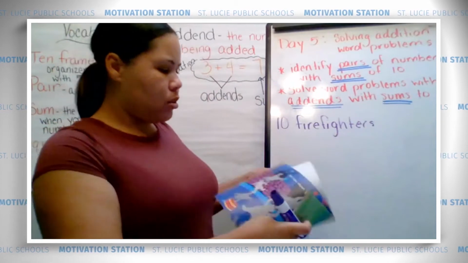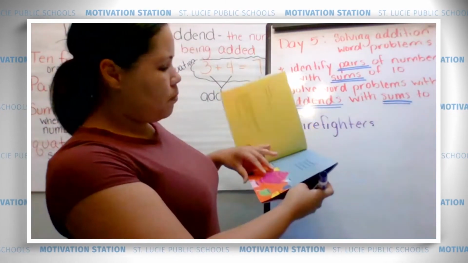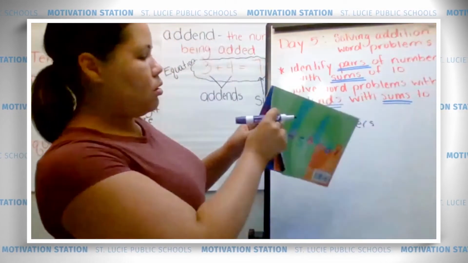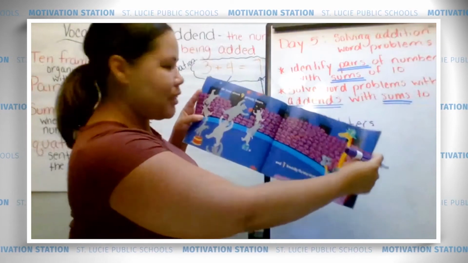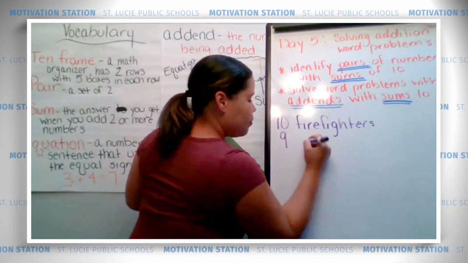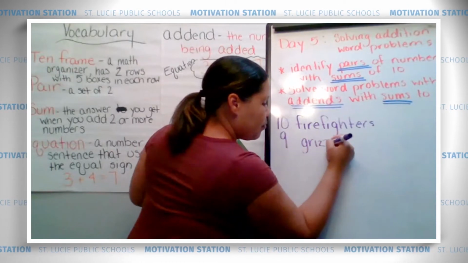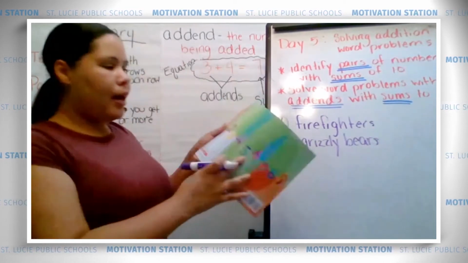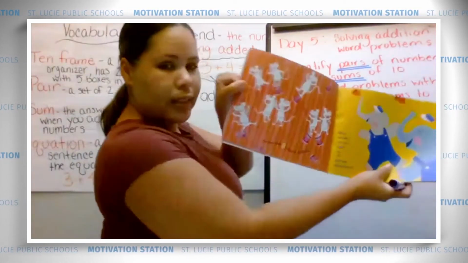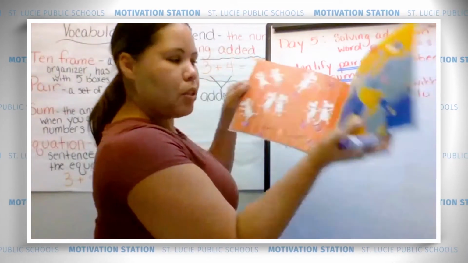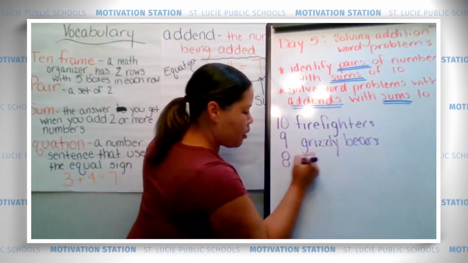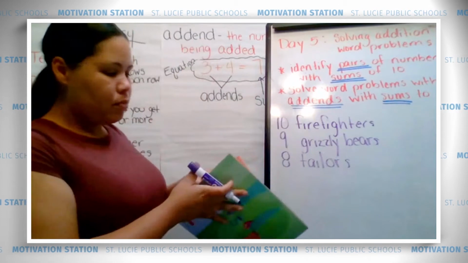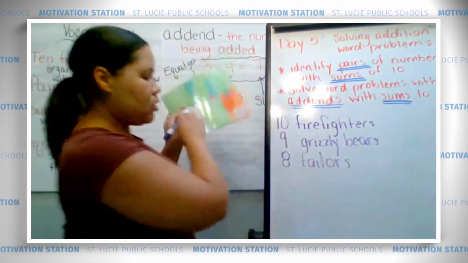Let's see who else. Here's our 10 firefighters. 9 grizzly bears. We had 8 tailors and our 2 plumbers, which I'm going to add later because I want us to go in order. 7 sailors.